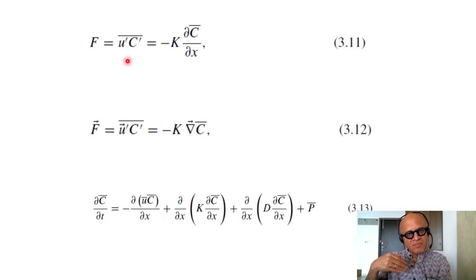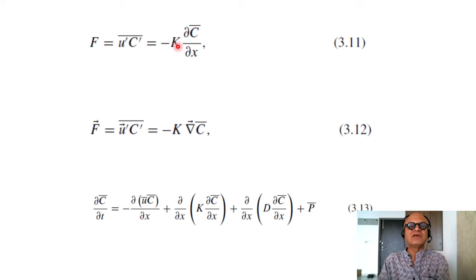So they are moving material, energy, heat, temperature, momentum, whatever. So in this case, some c prime is being moved. So u prime c prime averaged over time can be written as some eddy diffusion coefficient times the mean gradient in the x direction, so gradient of the mean quantity in the x direction.